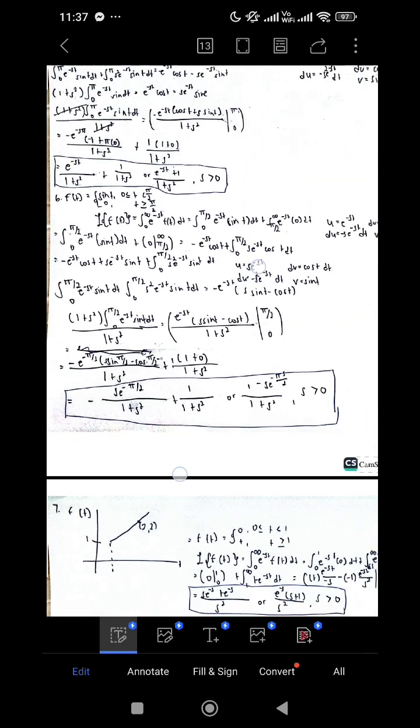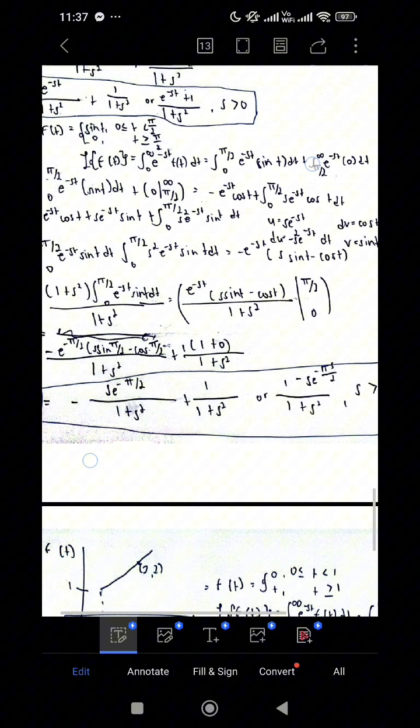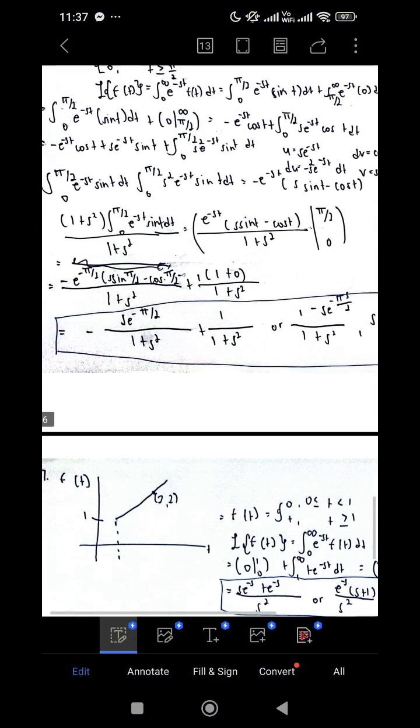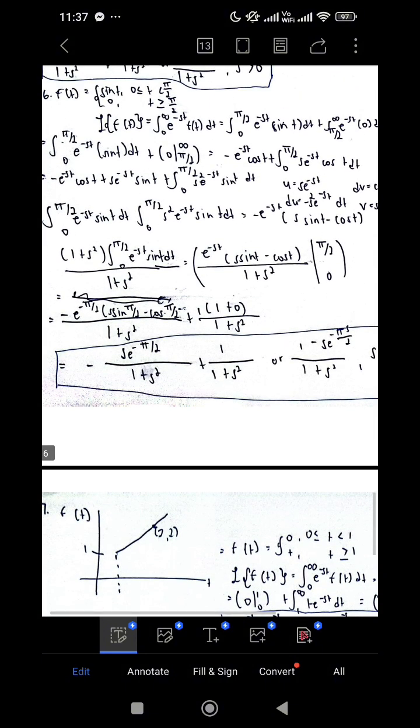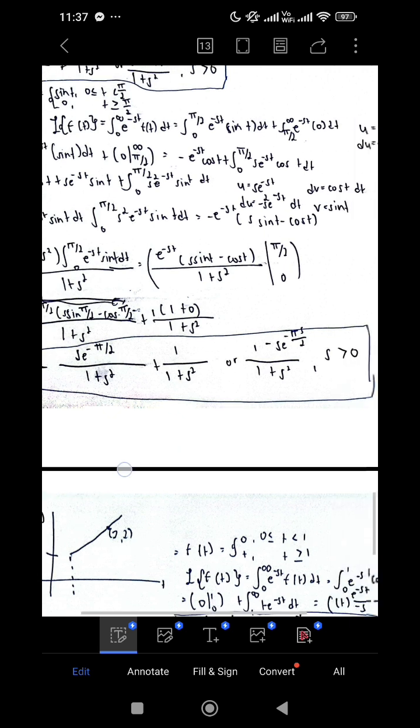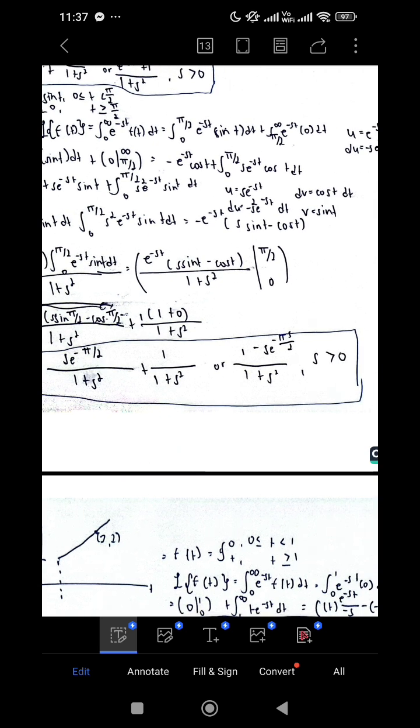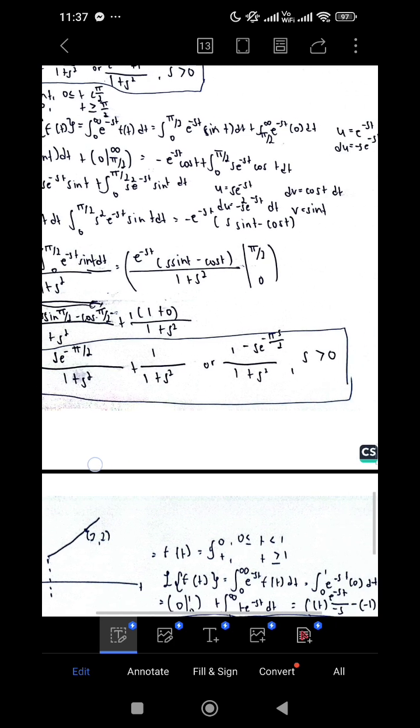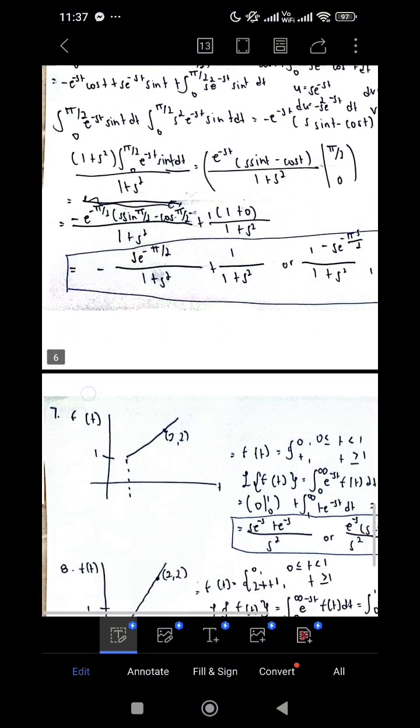And the final answer on number 6 is negative s e raised to negative pi over 2 over 1 plus s squared plus 1 over 1 plus s squared, or 1 minus s e raised to negative pi s over 2 over 1 plus s squared, where s is greater than 0.